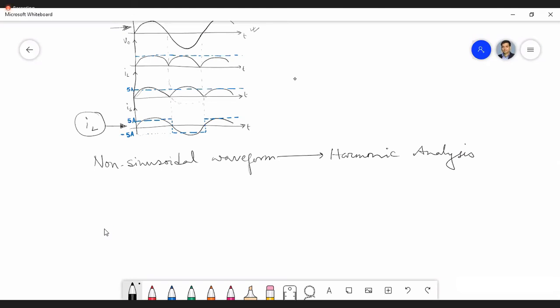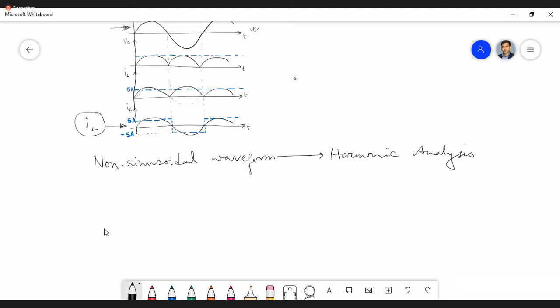Okay, so if we go for the Fourier series or harmonic analysis, then we could have lots of sinusoidals having different frequencies, and we can use our existing mathematics, phasor algebra, for them individually.